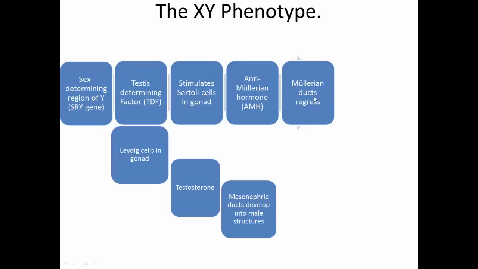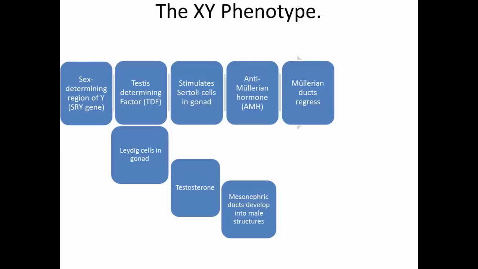That is to say that the Mullerian ducts will go away. Well, why is that important? Well, it's important because those paramesonephric ducts, or Mullerian ducts, are typically going to form the female genital tract. And so with an XY phenotype, you actively make a hormone that inhibits the development of the female reproductive tract.